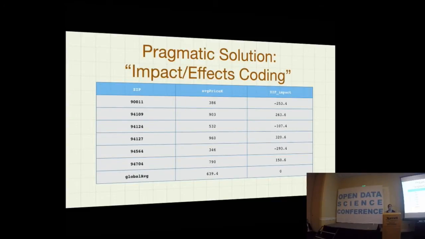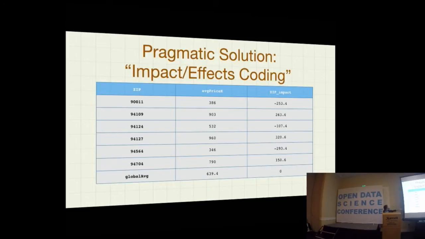And you can also see what the average price is for your entire data set. And then what we call the impact code is to represent what the impact of all of those zip code values is on the average price.